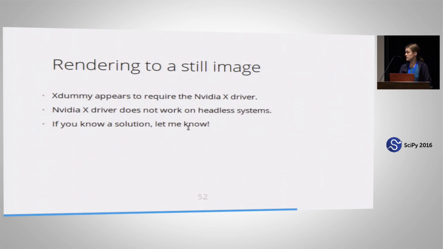It seems to be something to do with the NVIDIA X driver. If you know a solution to this or know of a project that has successfully used this, please let me know. There is a question on the Ask Ubuntu Stack Exchange that has been unanswered for 6 months, and I will definitely upvote you if you respond to it.